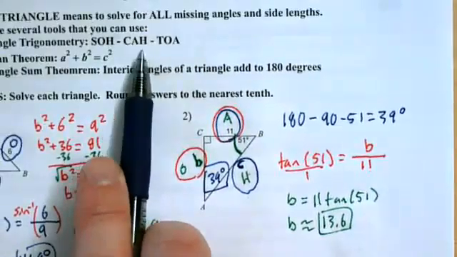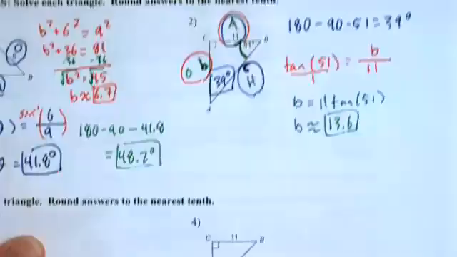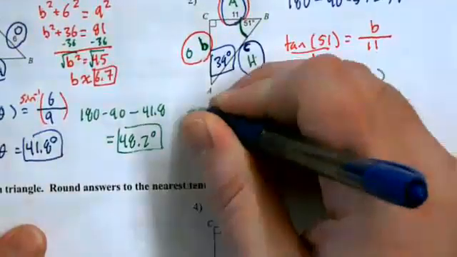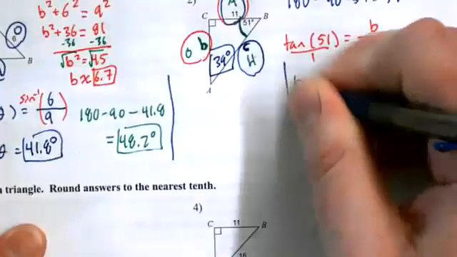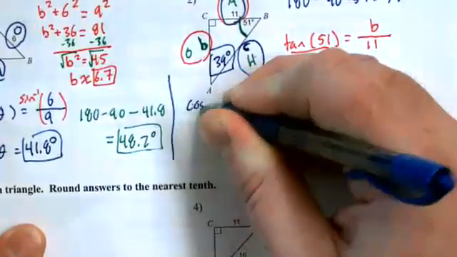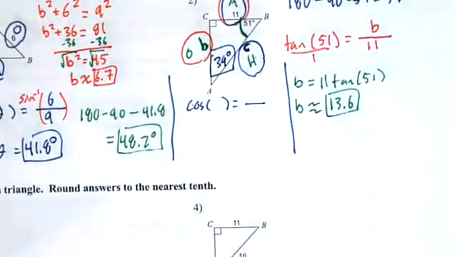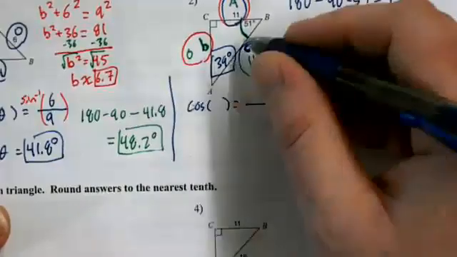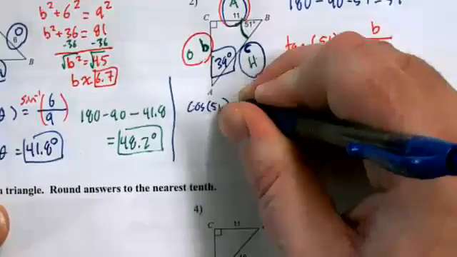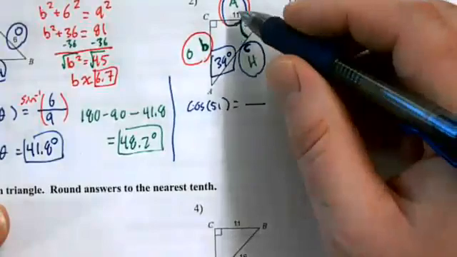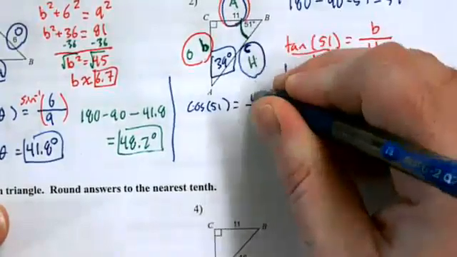Cosine is the one with adjacent and hypotenuse in it. So let's write ourselves a cosine equation. We're using the 51 for our angle, and then adjacent over hypotenuse would be 11 over C.